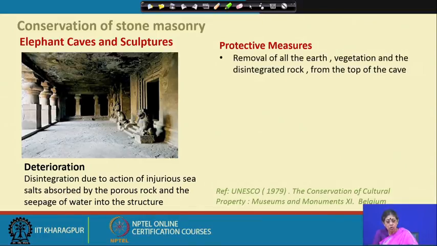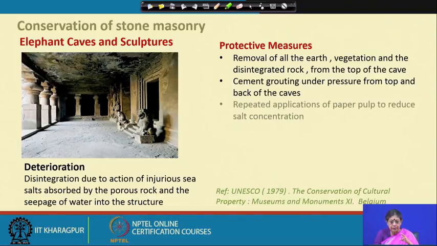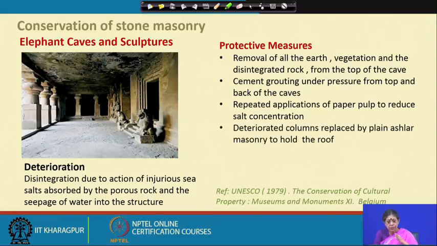The removal of all the earth, vegetation and disintegrated rock from the top of the cave, because that is where the water is coming from, and it is very much required to stop that. And cement grouting under pressure from the top and back side of the cave, so there is no water seepage through the cracks. So, the grouting was done, and paper pulp was applied repeatedly, in this case also, to reduce the salt concentration, and deteriorated columns were replaced by plain ashlar masonry to hold the roof.